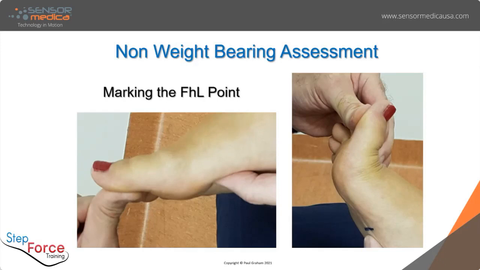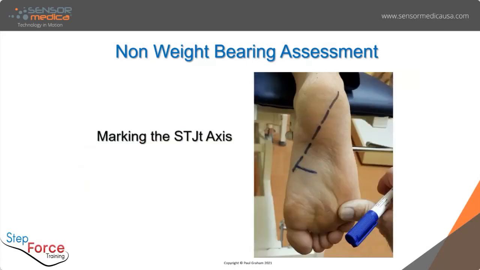So this is looking at the functional hallux limitus point and the release point, where, as the name suggests, the functional hallux limitus ceases to have an effect on the foot. Of course, marking the subtalar joint axis to know where we need to place our inversion forces and eversion forces.